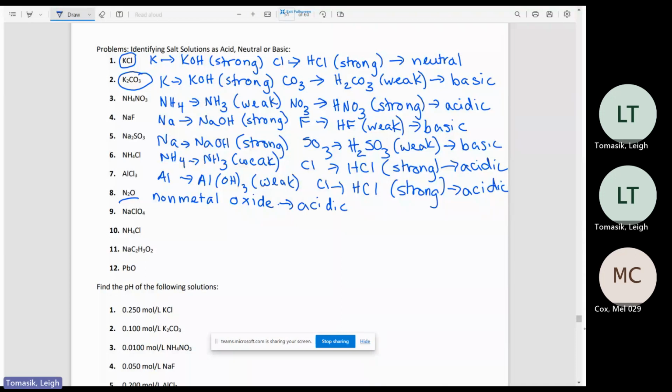NaClO4. The Na came from NaOH, which is strong. The ClO4, that's not the same as ClO3. It came from HClO4, that's perchloric acid, which is strong.